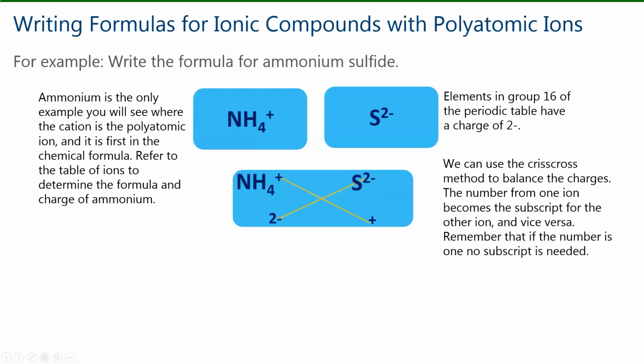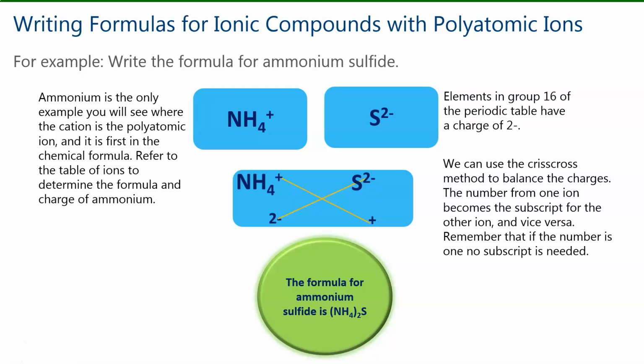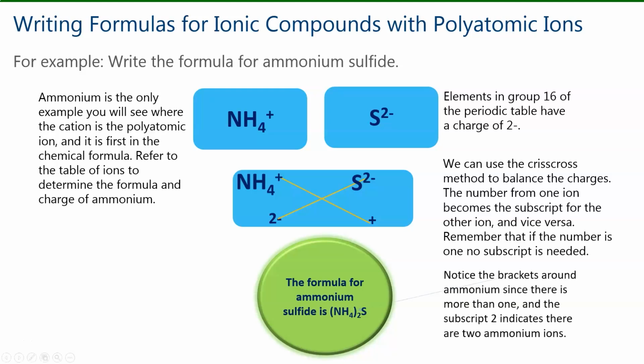So in this case, underneath sulfur, we have the positive sign. We don't need to write a 1 here. So let's write our formula. The formula for ammonium sulfide is (NH4)2S. Notice the brackets around ammonium since there is more than one, and the subscript 2 is there to indicate that there are 2 ammonium ions in this formula.